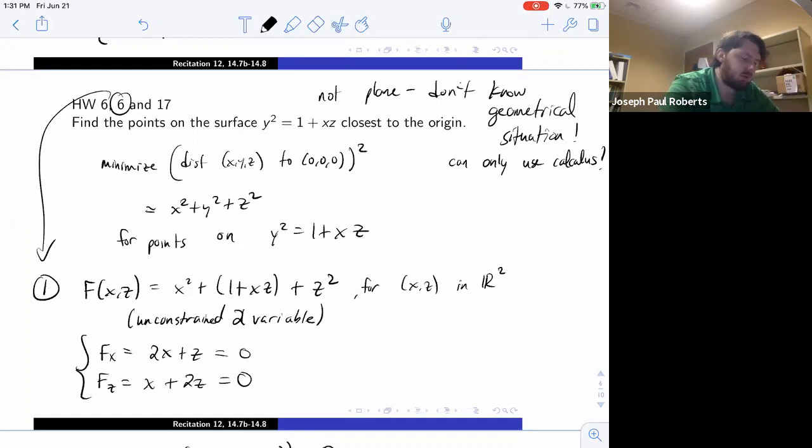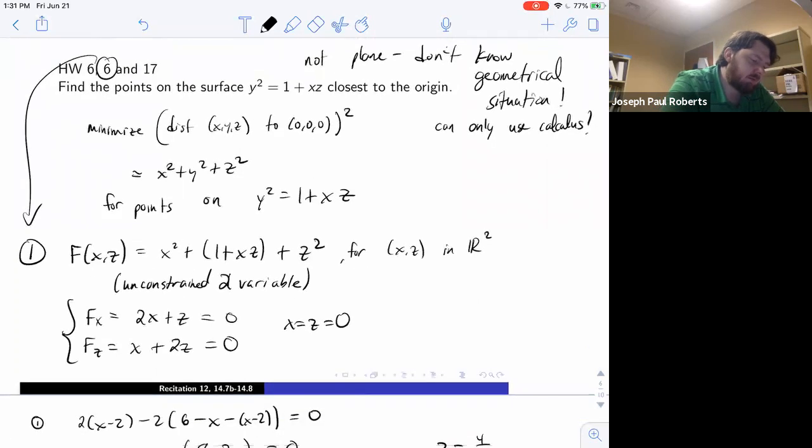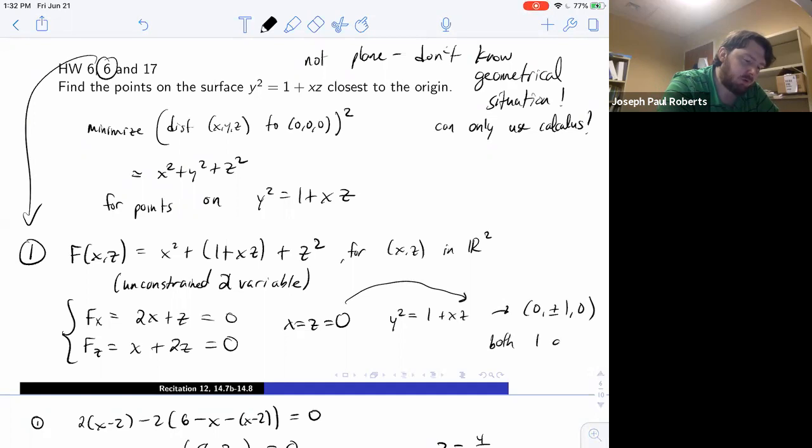The only solution to this 2 by 2 linear system is that x and z are both 0. Then using y squared equals 1 plus xz, if both x and z are 0, you get the points (0, plus or minus 1, 0). And they're both 1 away from the origin.